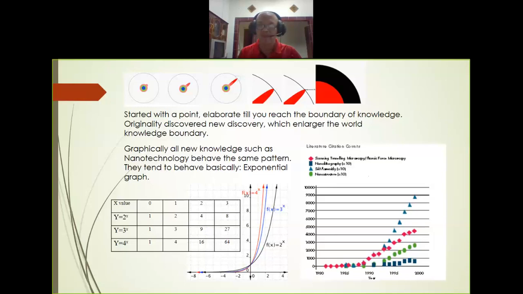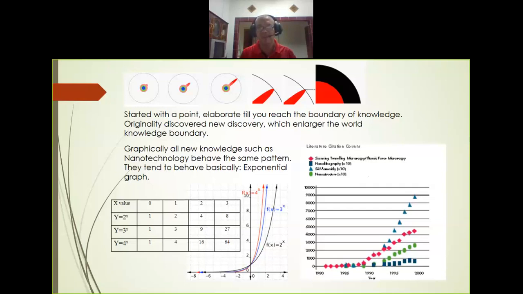If you put the papers in this kind of category, you can see that nanolithography seems very flat-lined, and scanning tunneling microscope becomes exponential, but the most important exponential is self-assembly.